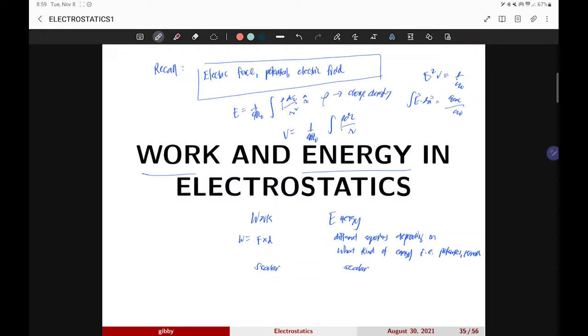And work is, as I've said, it's the ability to supply force and a change in distance of the object given by this. Okay, so also energy is defined as the capacity to do work. Okay, or energy is just the result of the work performed.